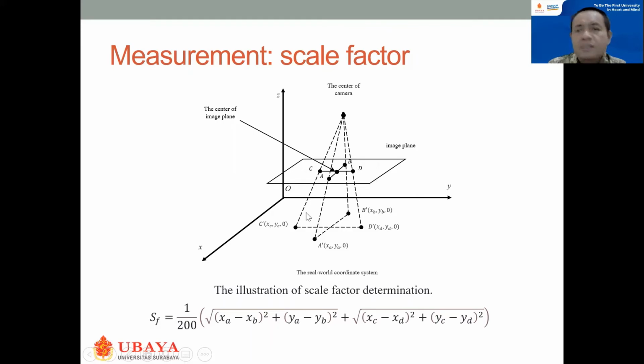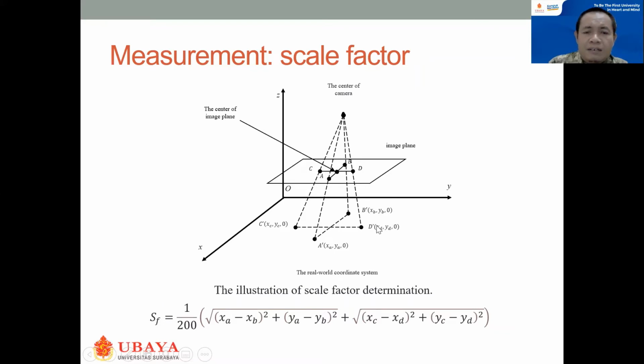So we obtain point A prime with coordinates xa, ya, 0 in the real world coordinate, and B prime, xb, yb, 0, C prime, xc, yc, 0, and D prime, xd, yd, 0.